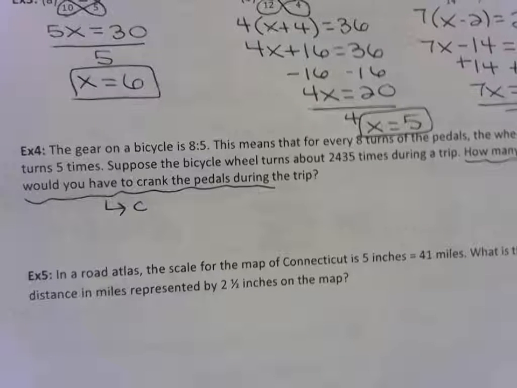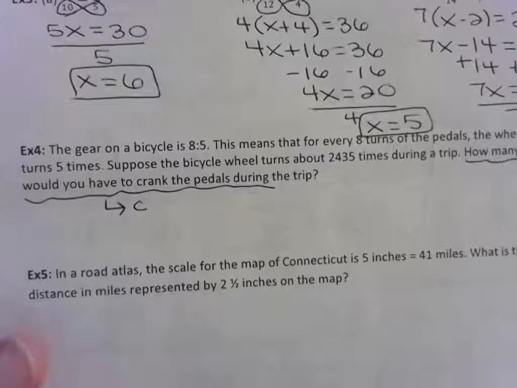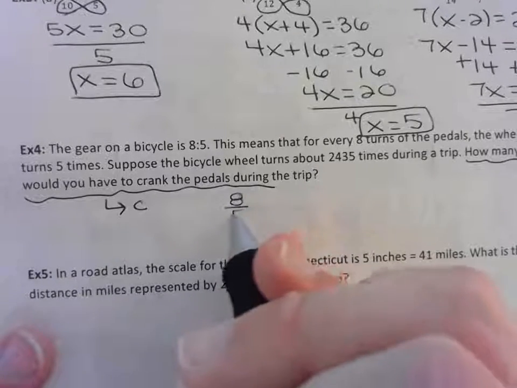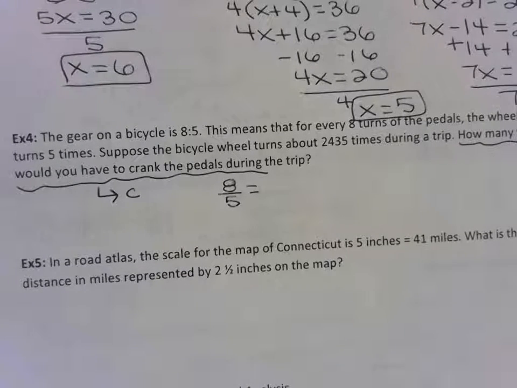It takes 8 turns of the pedals for the wheel to turn 5 times. They give me a ratio, 8 to 5. So how can I represent that ratio? 8 over 5. A ratio is comparing two things. In this case, we're comparing the turns of the pedal, 8 turns, to the turns of the wheel, 5 times. So 8 to 5.